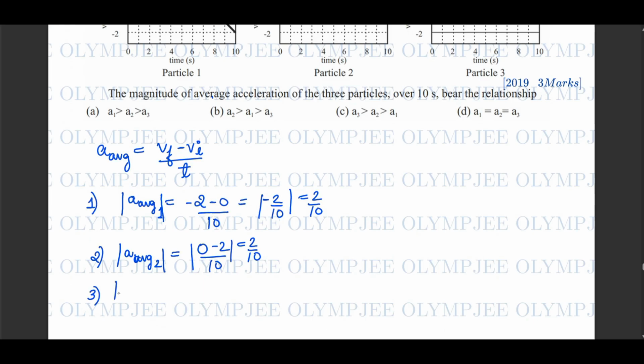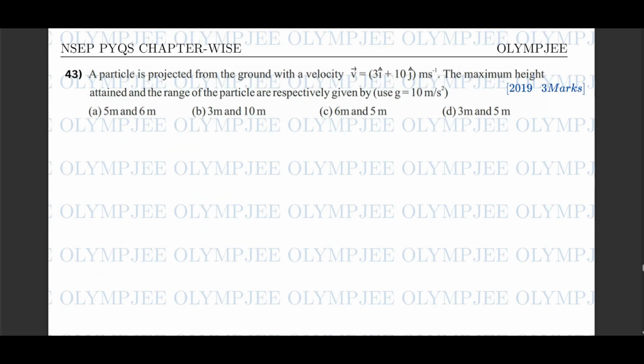So it is also 2 by 10. So the answer is option D. Question 43 says a particle is projected from the ground with a velocity 3i plus 10j meter per second. The maximum height attained and the range of the particle are.